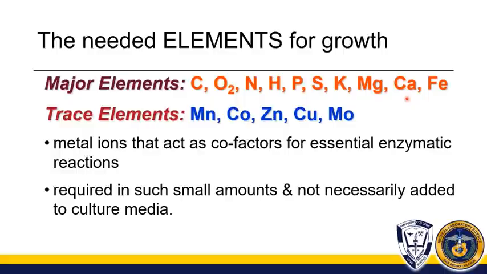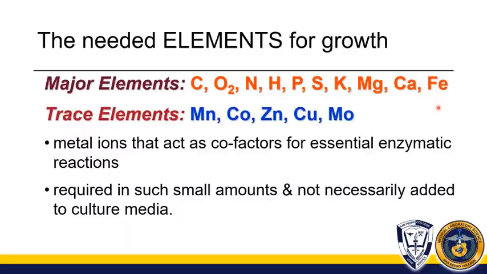It's about 0.5%, and it also acts as a cofactor for certain enzymes and a component of endospores. Iron, 0.2% only. It's a component of cytochromes and certain non-heme iron proteins and a cofactor for some enzymatic reactions.